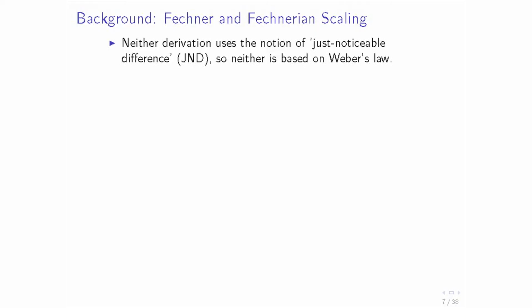I'm not talking about the second way of deriving this because this would go too far for this talk, but neither of these two derivations uses the notion of just noticeable difference. So neither is based on Weber's law, and in most modern or older textbooks this is not really presented in a correct way, so they should really be rewritten.